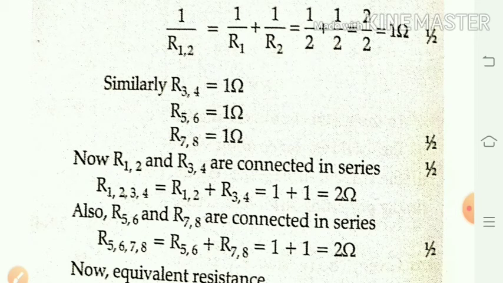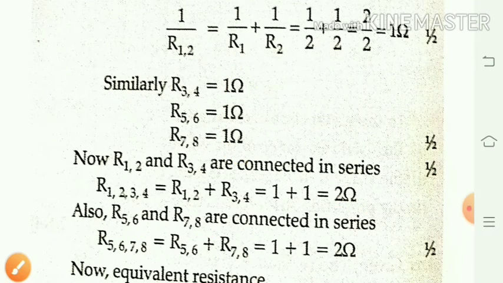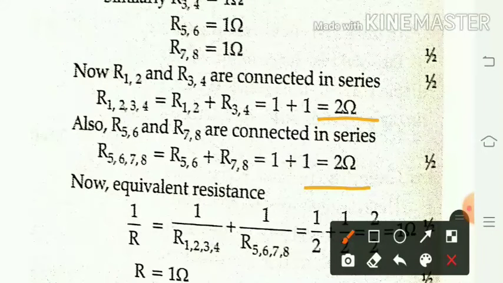For every parallel combination, the value is 1 ohm each. Therefore, R1, R2 and R3, R4 are in series, so the value will become equal to 2 ohm. In the same way, for R5, R6, R7, R8, the value becomes equal to 2 ohm. Here you can see that for every combination we get a value of 2 ohm.